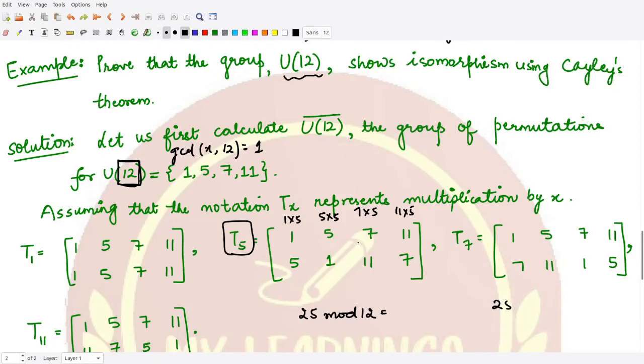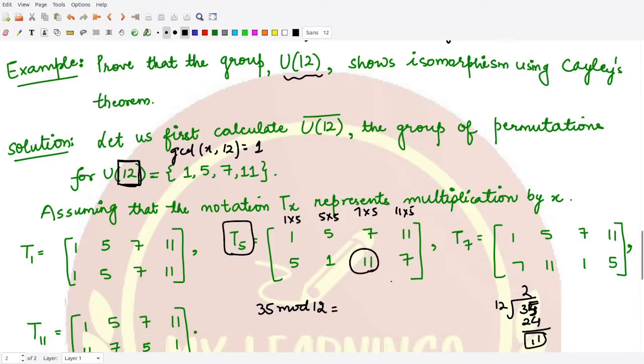Similarly, when you multiply 7 with 5, that is 35, and when you take mod 12, you are basically dividing the number 35 by 12. We have 11 as the remainder.